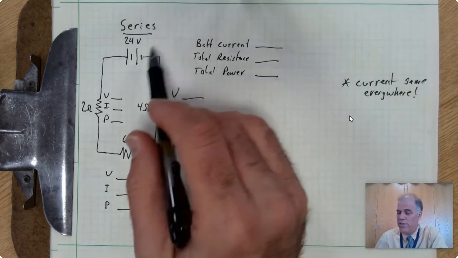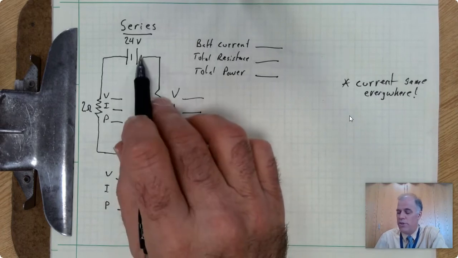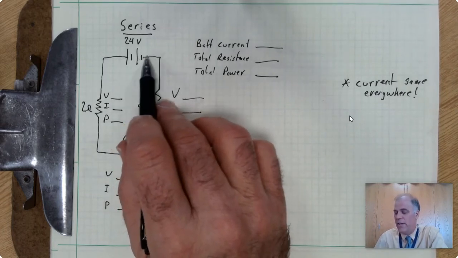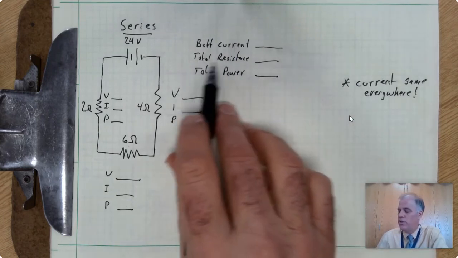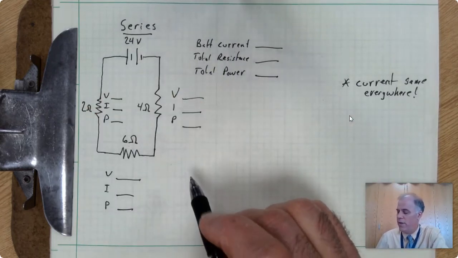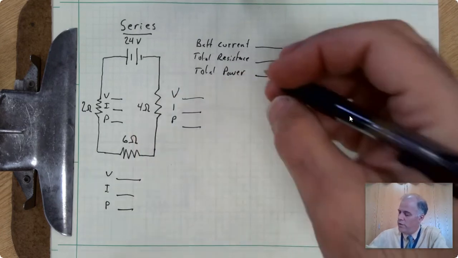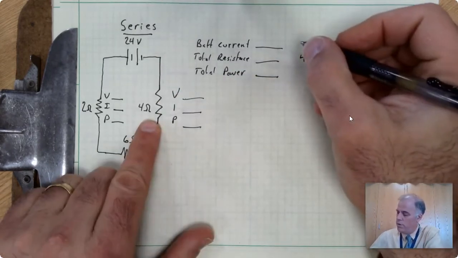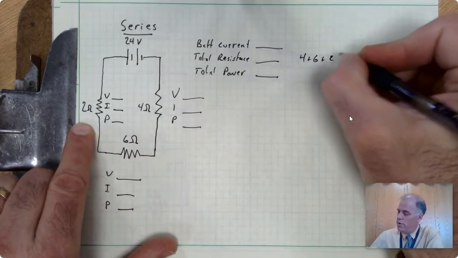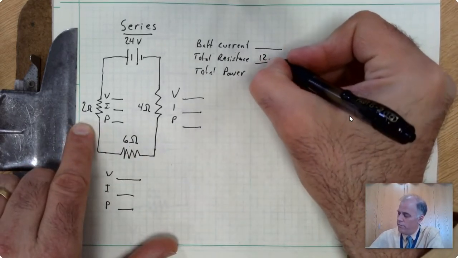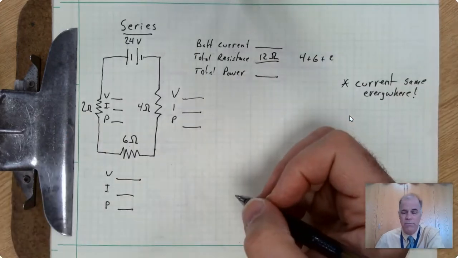All it knows is that there is something down there which is trying to prevent electrons from flowing down the wire. Okay, so total resistance is just the resistance that the battery is experiencing. And in this case, this is going to be 4 ohms plus 6 ohms plus 2 ohms, which is a total of 12 ohms of resistance. That's the first one that we have.